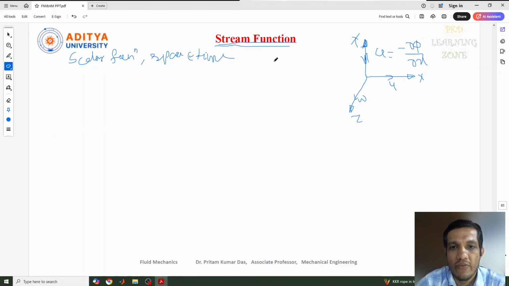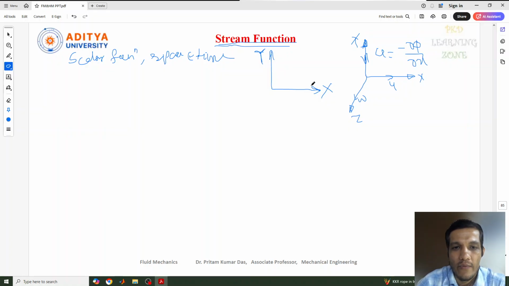Suppose for this stream function, let me consider another diagram. Suppose it is given like this, x and y direction only. The z direction also you can consider, but let me consider only these two directions, because this will be applicable only for two-dimensional flow.